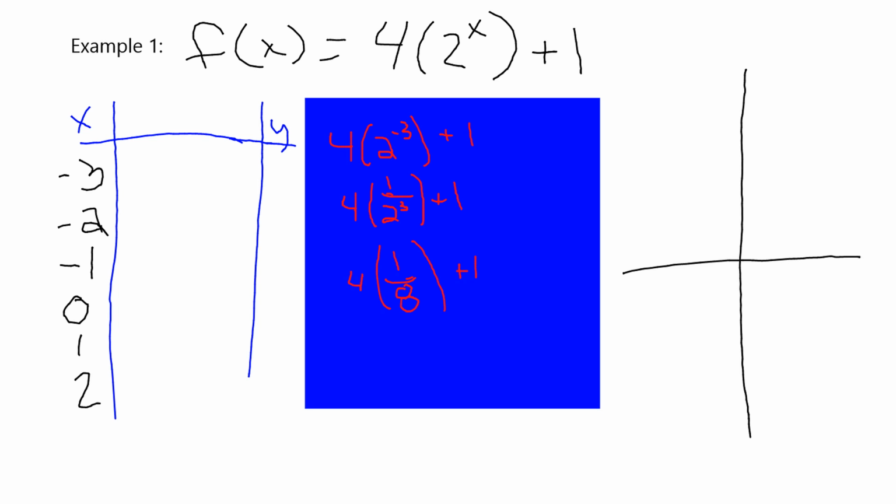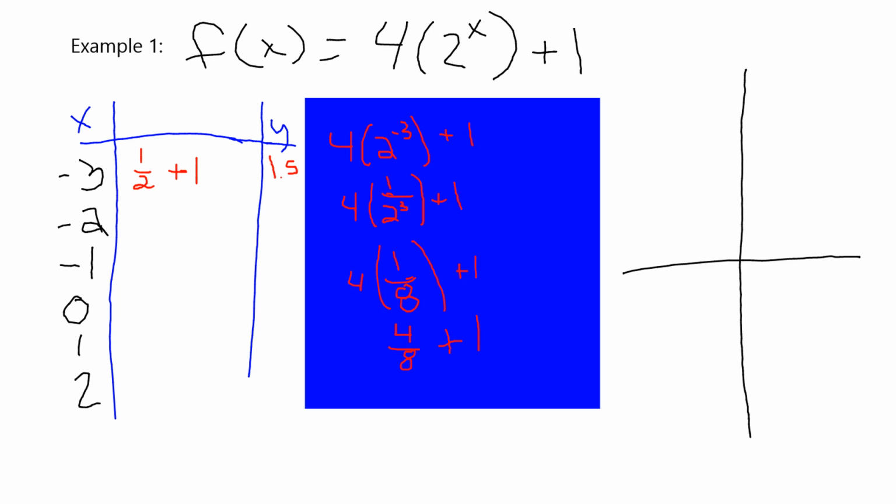So now I'm going to solve 4 times 1 eighth. 4 times 1 is 4 over 8 plus 1. 4 eighths is really 1/2 plus 1. So when it gets down to that part, that's when I'm going to put it in the table. So 1 plus 1/2 is really 1.5.